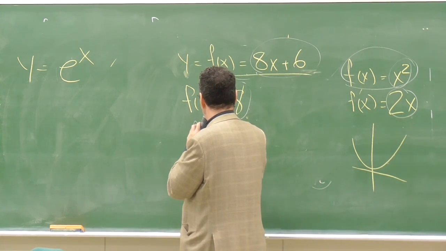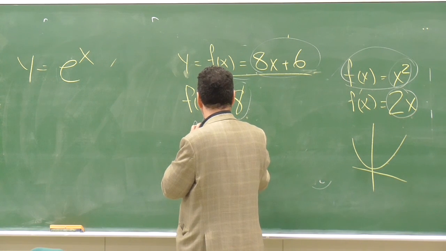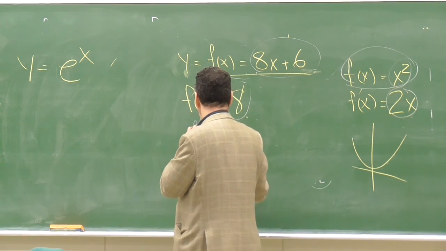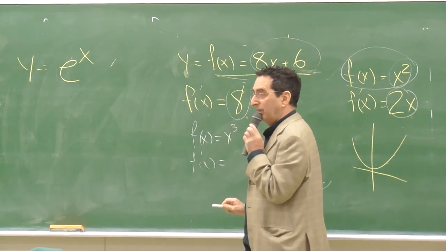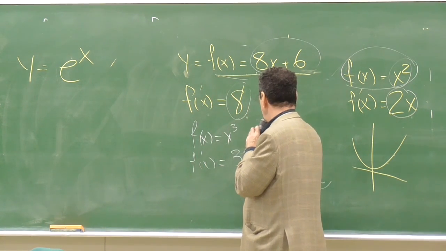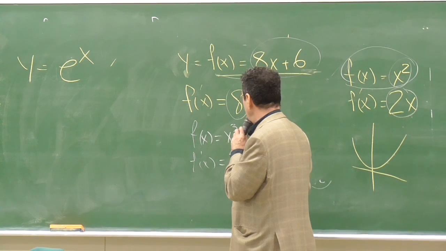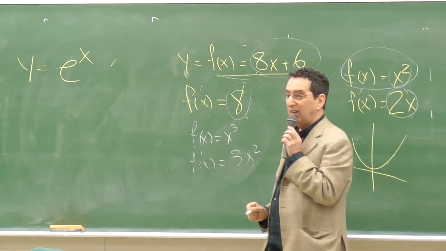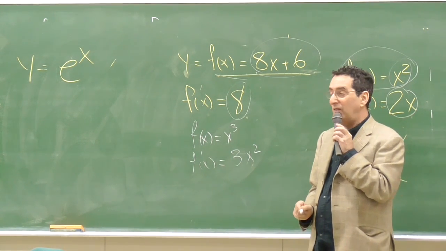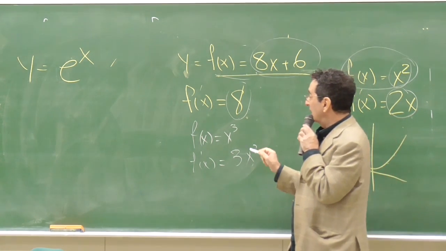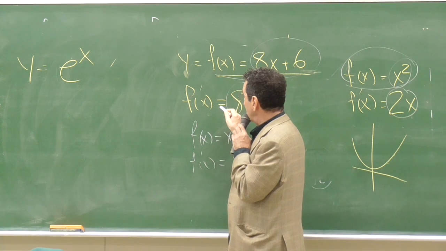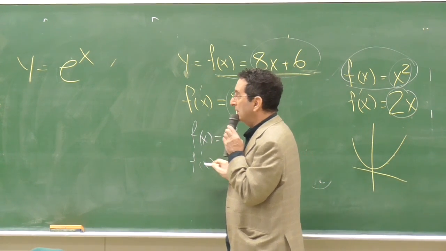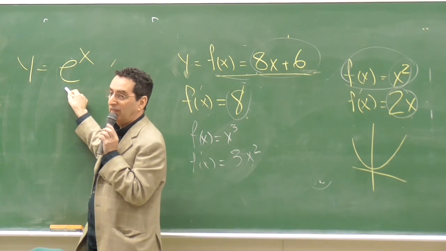F of x equals x cubed. And I think we're going to assume that we know how to do that. The answer to this one is what? 3x squared. So, okay, here's f. Is the derivative the same? No, right? There's no function where the function is the same as its derivative, except this one function.